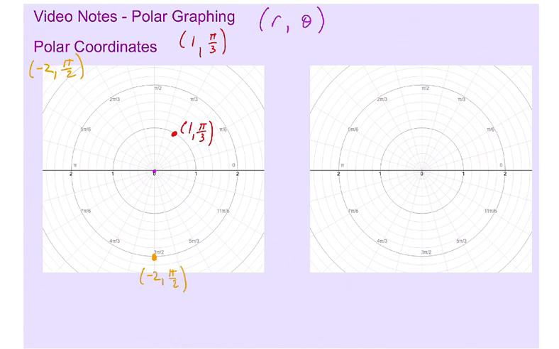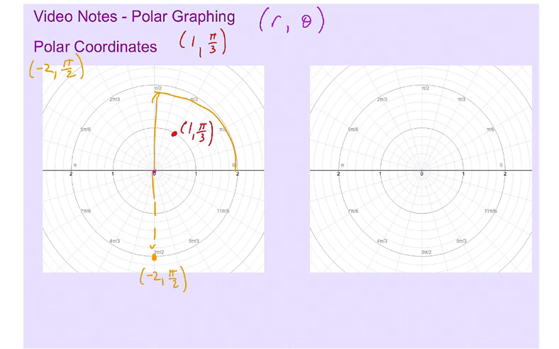If you prefer, you can also think about it as doing the pi over 2 rotation first. Think of it almost like a speedometer in a car where there's a needle that's going around, and it's pointing up in this direction, and then the radius of negative 2 just means that from there we go down 2 units, or backwards 2.